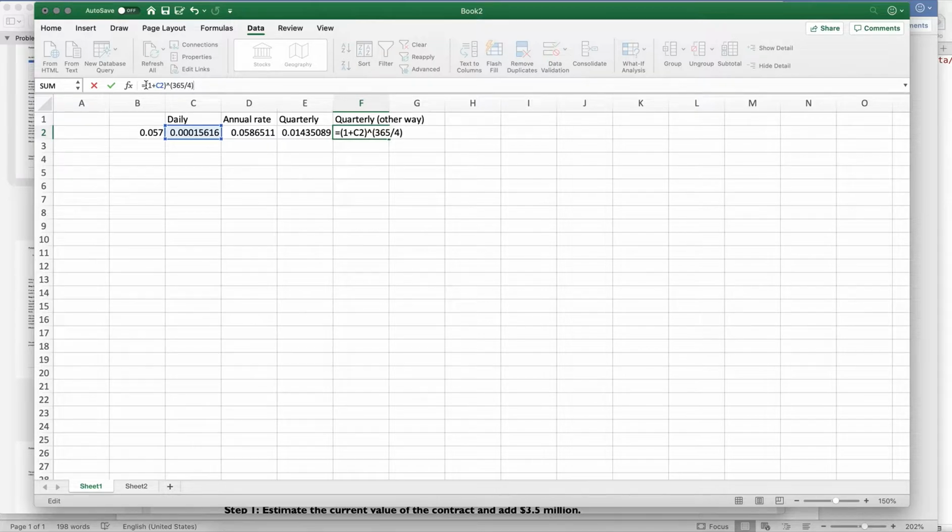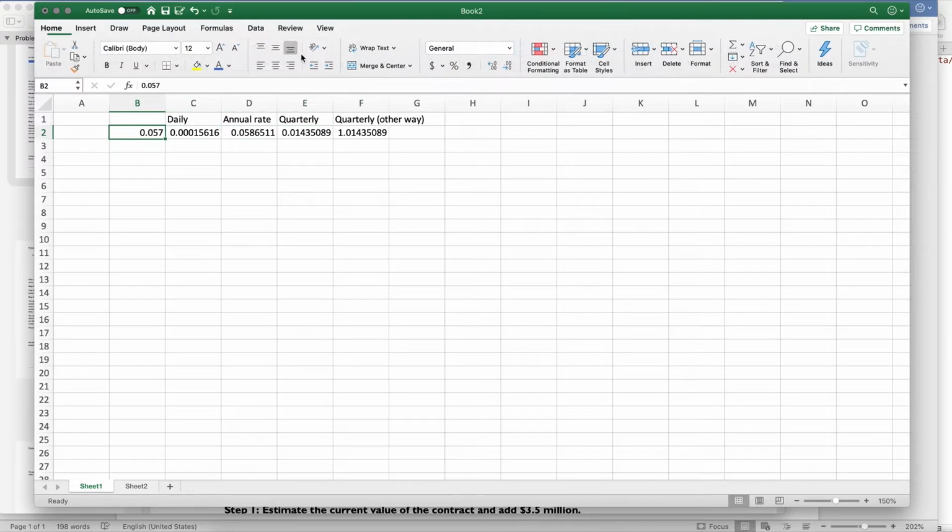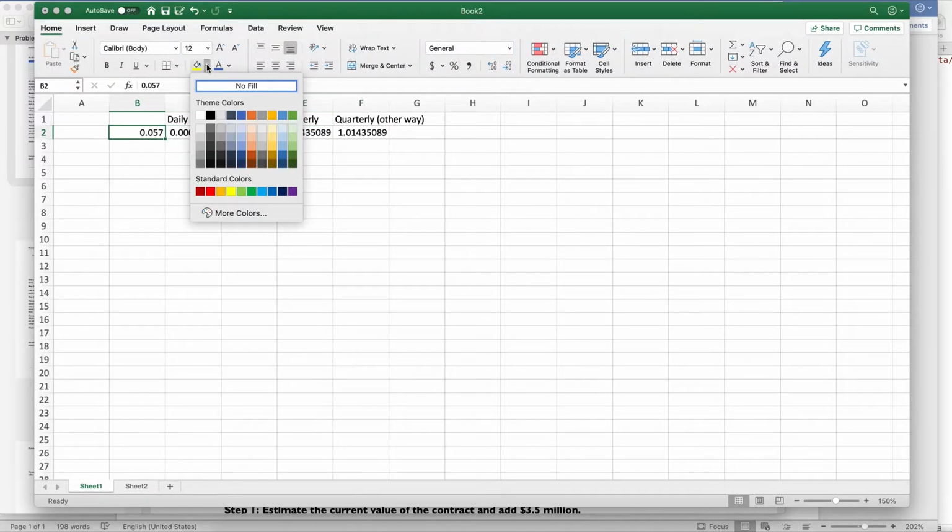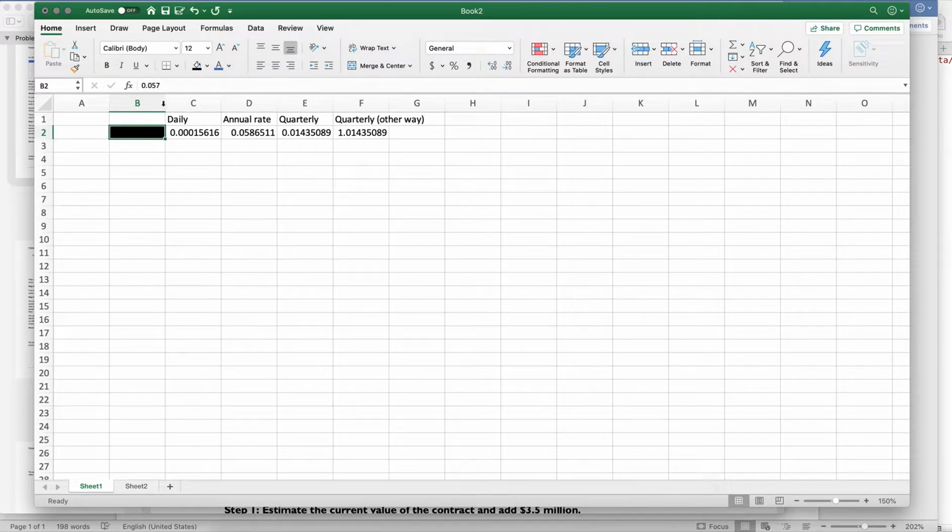So it's the same thing as taking the annual rate and raising it to the 1/4 power, but you can do it this way too, and we get the same answer. So let's forget that this ever existed. I'm going to make it black, because when they give you something like that, you want to completely forget it. Annual rate is used for annual calculations, quarterly for quarterly, and daily we can forget as well.